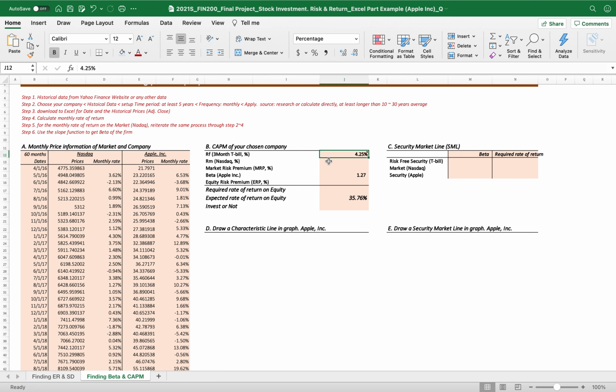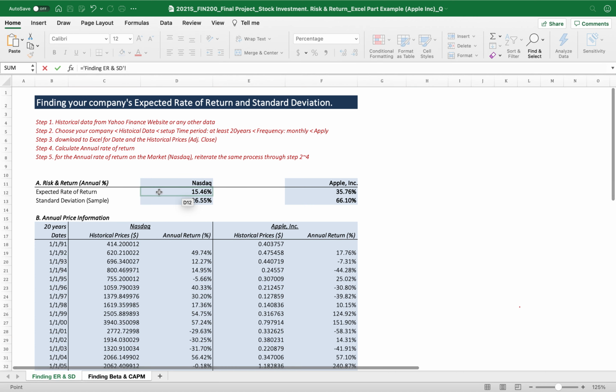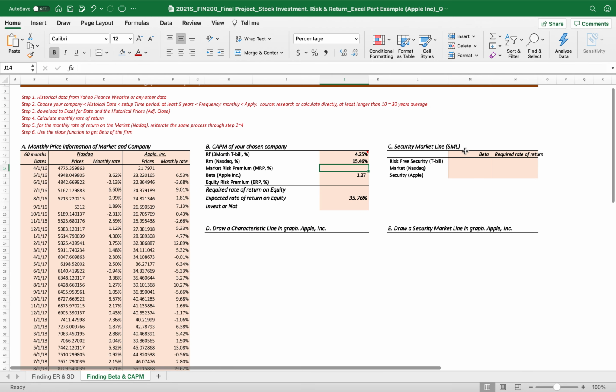As long as you state where and how you got it, that's totally fine. And then the rate of return on the market, NASDAQ: we already calculated it here, 15. If you use other numbers based on your calculation, not NASDAQ but Standard & Poor's 500 or the New York Stock Exchange, that's totally fine.